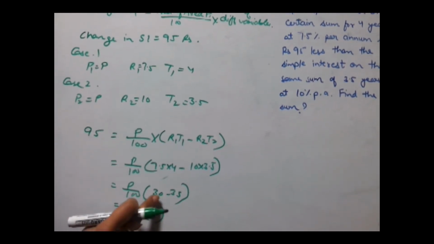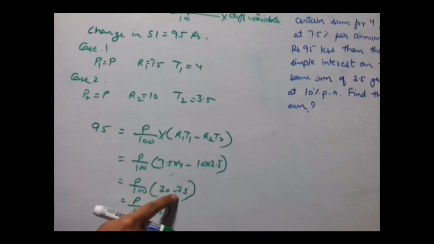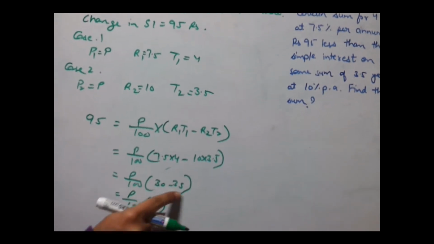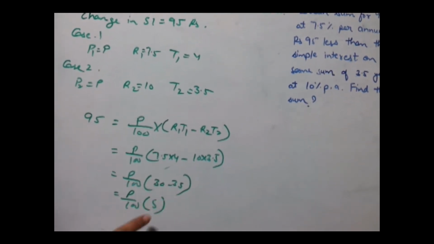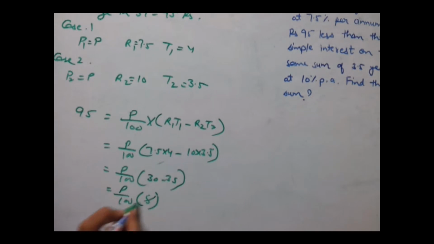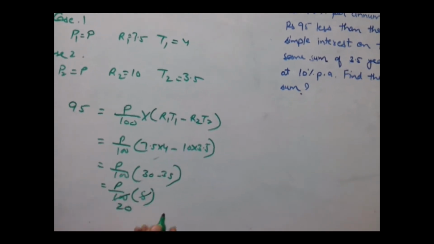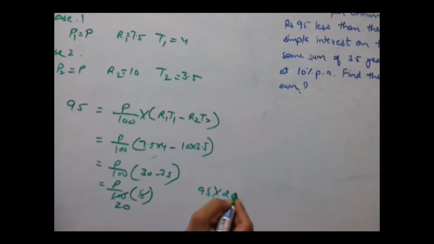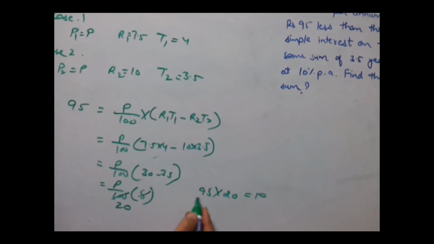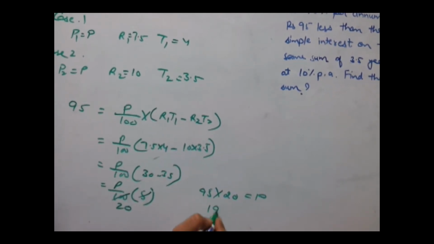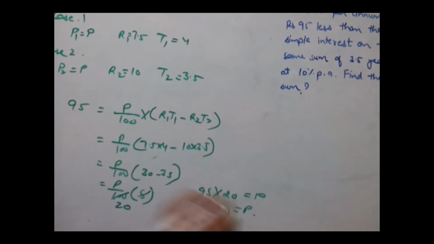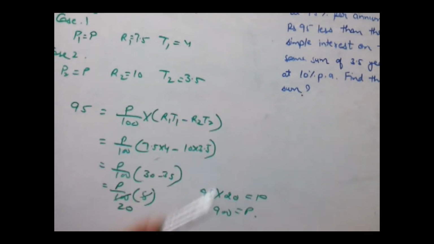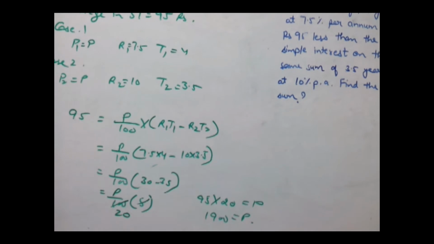Now 35 minus 30 is 5, and we are avoiding the minus sign because we just need to see the change, which gives us 95 into 20 is equal to P. 95 into 20 is 1900, the value of P. So our sum is rupees 1900.